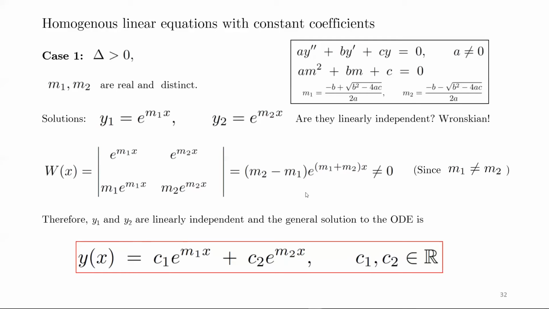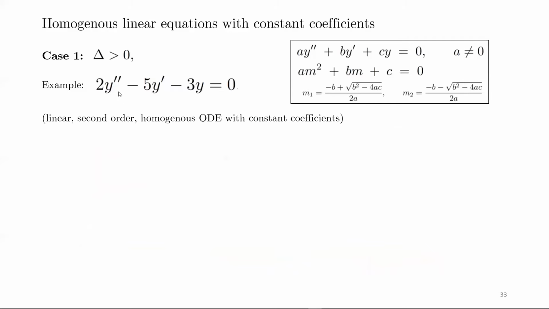Let's look at an example though with some real numbers. Let's look at this second order linear homogeneous constant coefficient ODE, where our coefficients are 2, -5, and -3. We've identified a equals 2, b equals -5, and c equals -3.